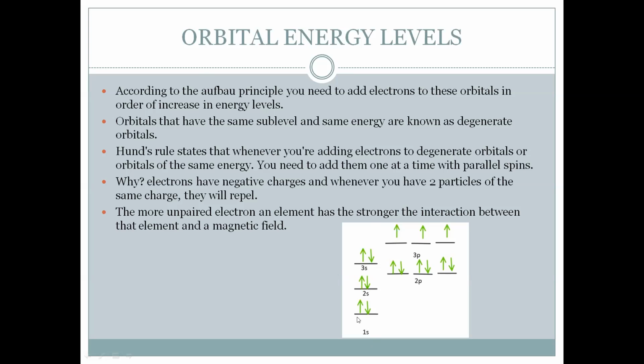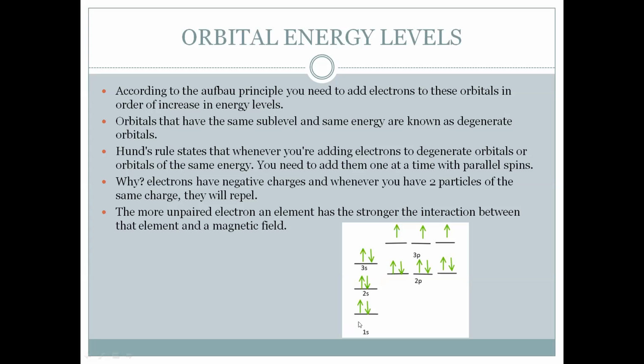Okay, so these black lines represent our orbitals, and these green arrows still represent our electrons. So the Aufbau principle applies in these orbitals, these sublevels. According to this, you need to add those electrons in order of increasing energy levels.